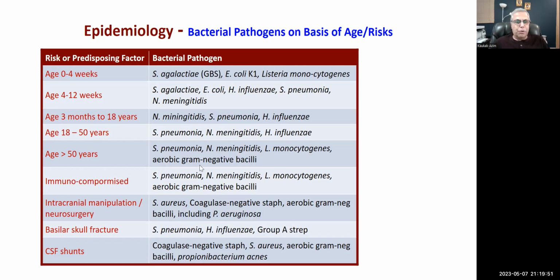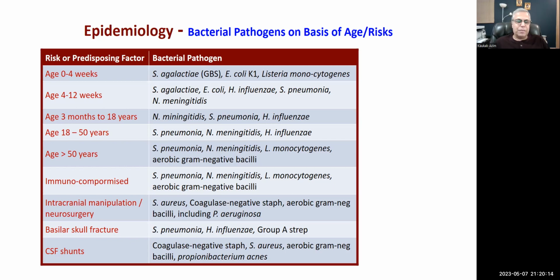Now we get aerobic gram-negative as well. Immunocompromised, with these, we have got aerobic gram-negative as well. You see, S. pneumoniae, N. meningitidis, L. monocytogenes. These are there, coming again and again. Here it's a little bit different. See, intracranial manipulation or neurosurgery.